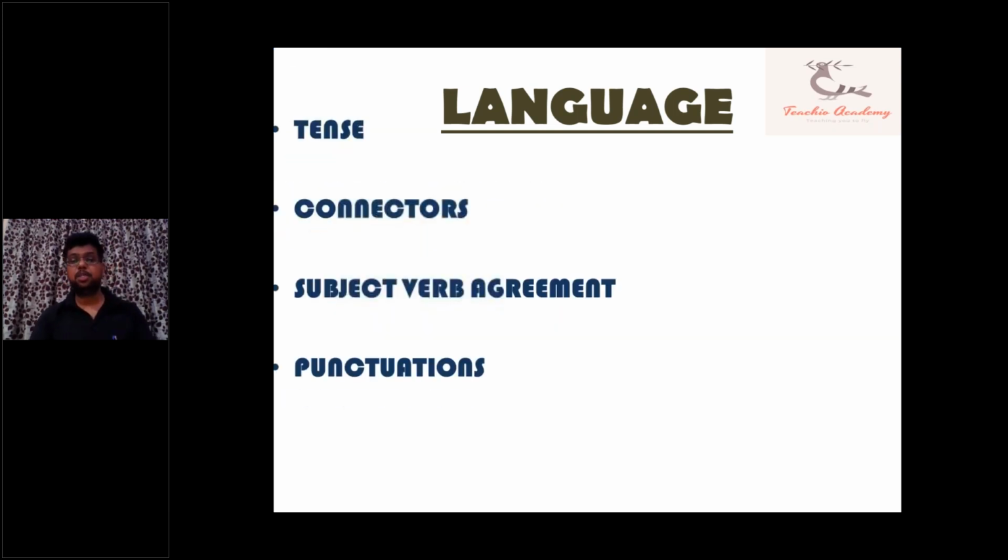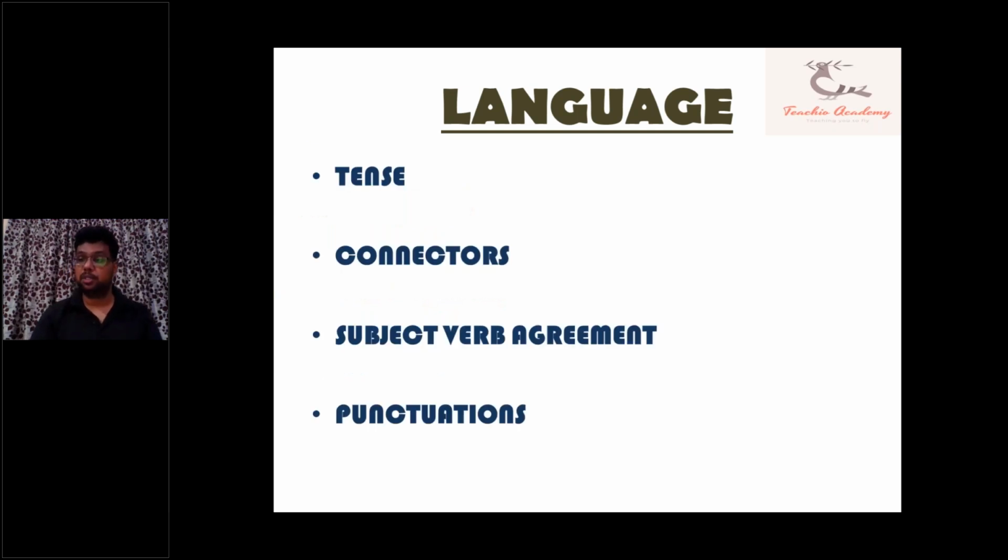So language forms a very significant part of writing. Now, what is this language all about? This language is about tenses, connectors, subject-verb agreement, and punctuations. Tenses we would be taking in detail in the coming section of this program. The second part is connectors. Now, we all know what connectors are.